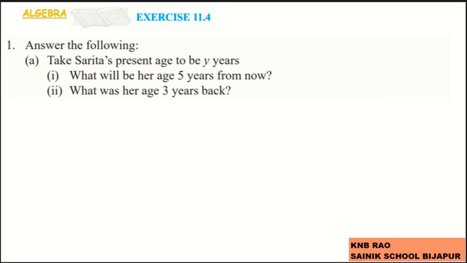Take Sarita's age, in years, first. By assuming Sarita's age as y years, what will her age be after 5 years? It will be future tense, so you have to understand it that way.